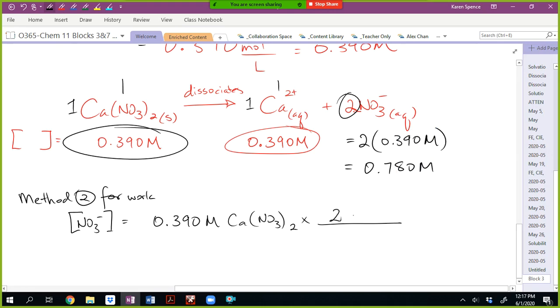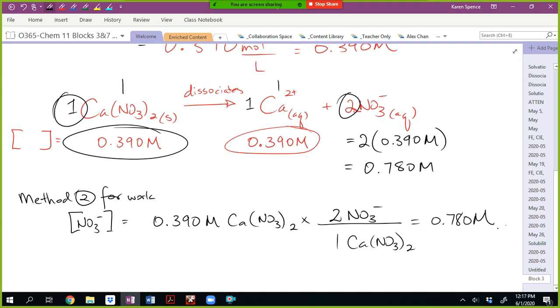There are 2 nitrates for every 1 calcium nitrate. Okay, do the math, you get 0.780 molar. Doesn't matter which way you show the math, as long as you feel happy about it, that's all that matters.